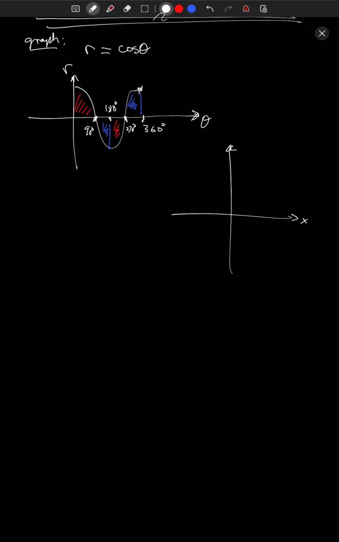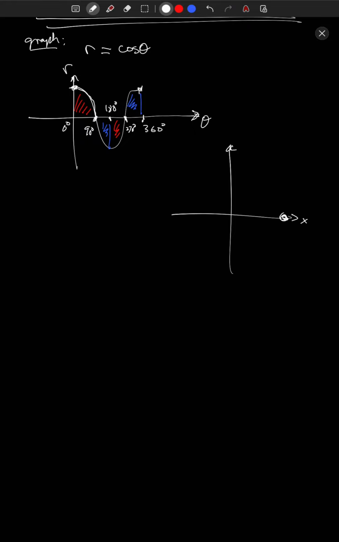From 0 degrees to 90 degrees, that would mean drawing from here to here, as we travel from angle 0 to angle 90 degrees. Our distance to the origin should be starting at 1 and going down to 0. So when we hit 90 degrees, we should be at the origin.